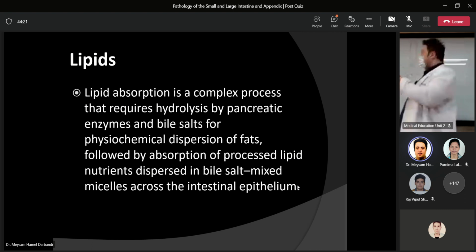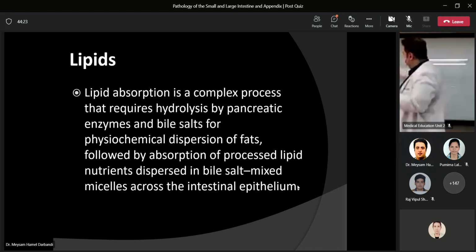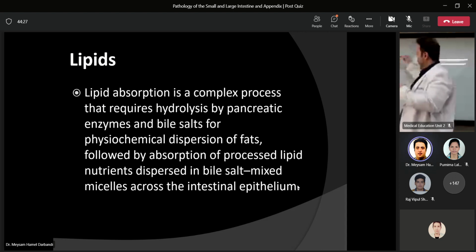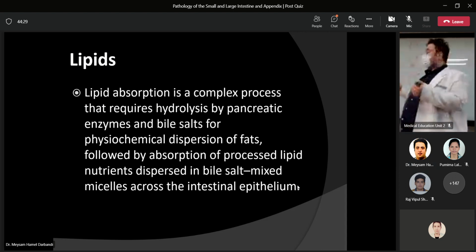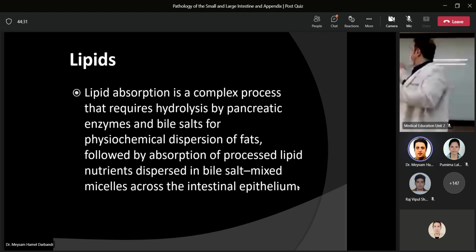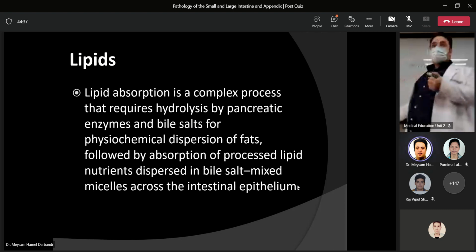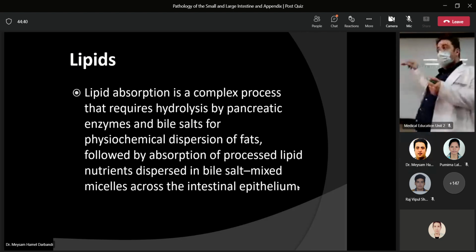There is an I cell here, right? The I cell will secrete CCK. The CCK will go to the blood and to the gallbladder and cause contraction of the gallbladder. And then bile will be excreted.